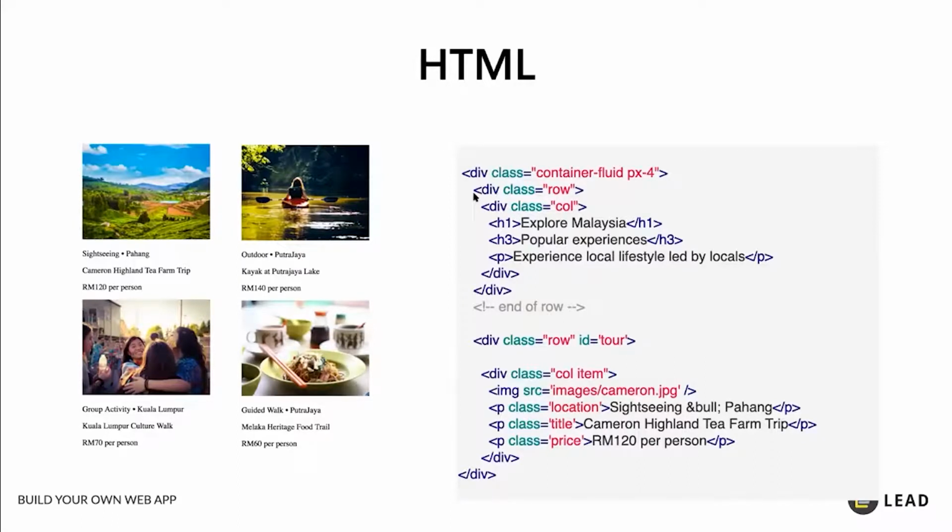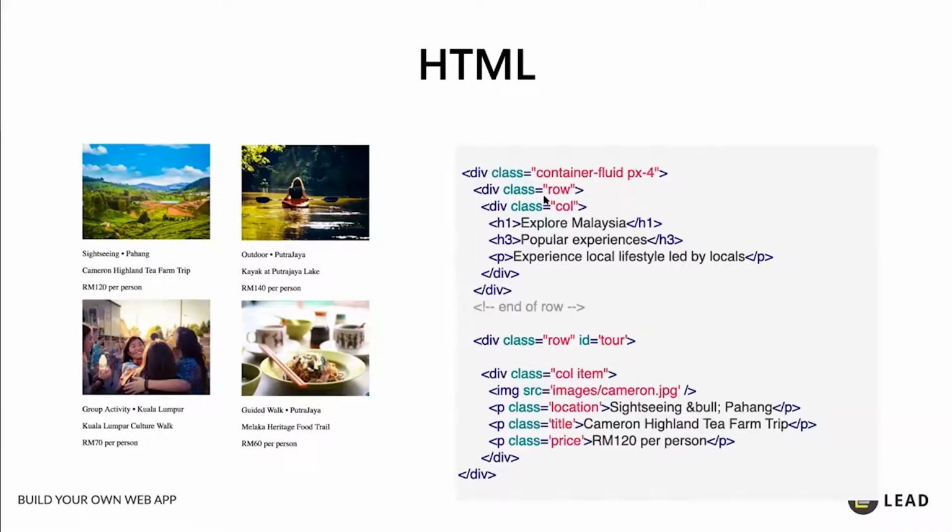For all HTML tags, we have an open and a closed one. You can see an H1 over here, and then there's a closing H1 over here. This is what we call the open tag, and this is the closed tag. A closed tag always has a front slash at the beginning, and each HTML tag will always end with a closing tag.